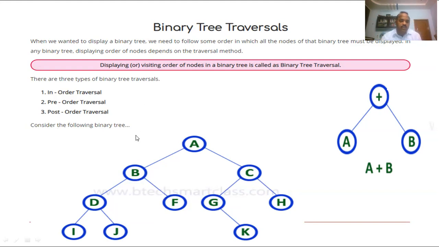So in the in-order traversal of this example, what are the elements? In-order traversal: I, D, J. So process the left subtree. Then B, F, A. Clear, all of you?